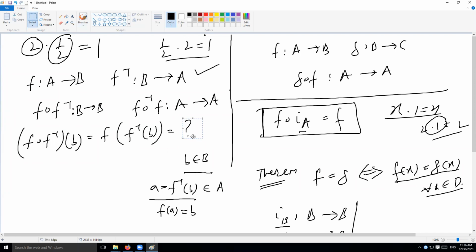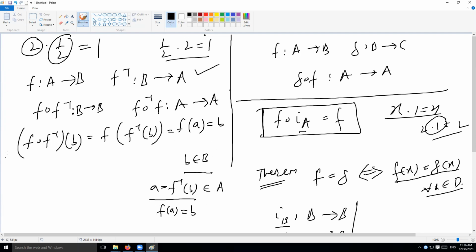Now here's the thing. f operated onto f inverse of b, and the f inverse of b is a, so I can substitute a here. But f of a is what? It's b. f inverse of b is a, but we know that f of a is b, so therefore f of f inverse of b must be b.